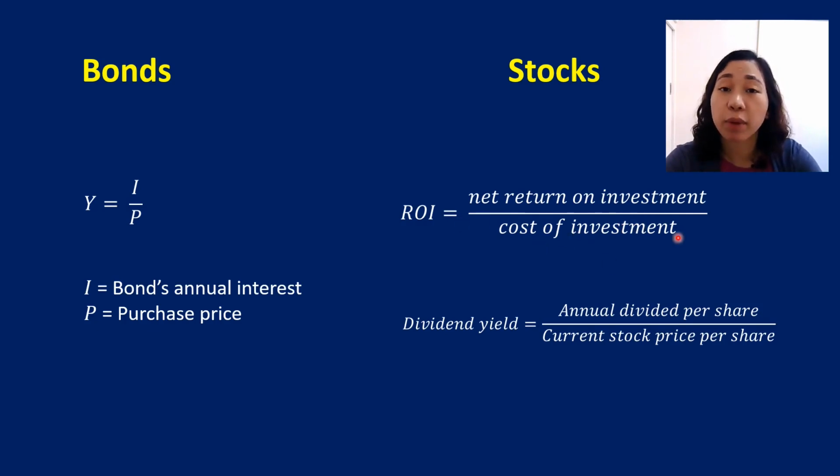This is in percentage form. Of course, you have to multiply the answer by 100% if you want your answer to be in percent form. And dividend yield is equal to the annual dividend per share over the current stock price per share.